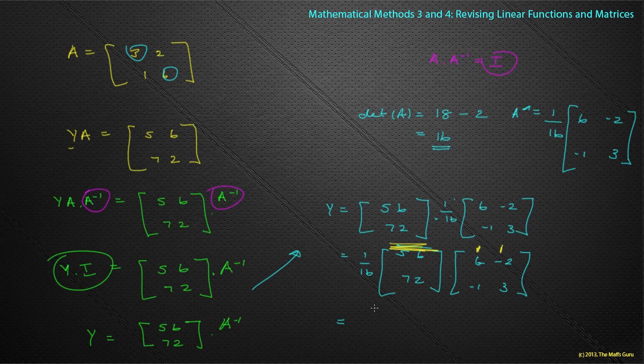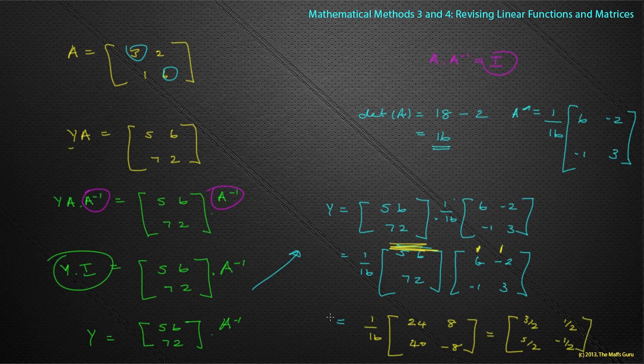And what happens is when we do that, we get 1 over 16, and the multiplication becomes 24, 8, 40, and minus 8, which, if we wanted to write that in terms of fractions by multiplying everything by that 1 over 16, we get 3 over 2, 1 over 2, 5 over 2, and minus a half. So that equates to our value of Y.